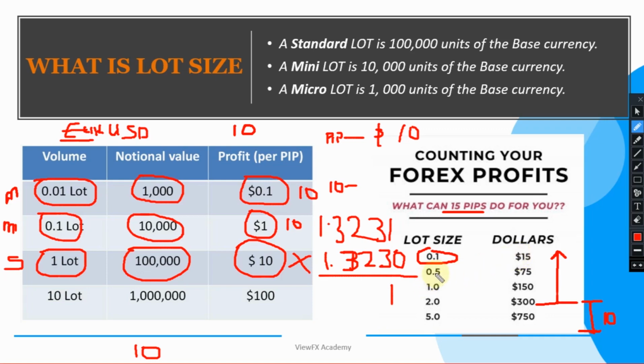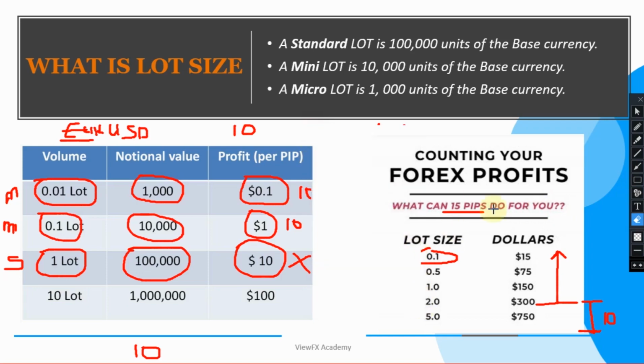Then if you move 0.5 lot size, that same 15 pips is going to give you $75. Then if you make it one standard lot, 15 pips is going to give you $150. Then 2 standard lots is $300, and 5 standard lots is $750. Because I want to explain this thing to you in full.